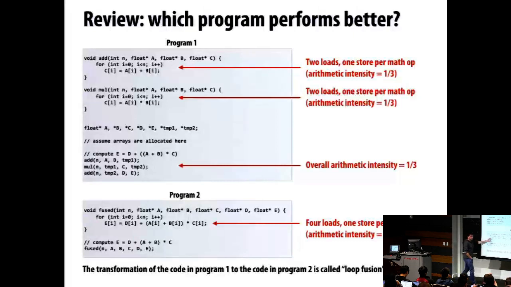So if this program runs only at the throughput that memory can provide, if I decrease the requirements on how much data I need to move over the memory bus, I should see a proportional speed up. If this program is bound by the throughput at which we can execute instructions, further decreasing the amount of data that we move around will not make the processor run any faster because it's already running at the rate that it can sustain.